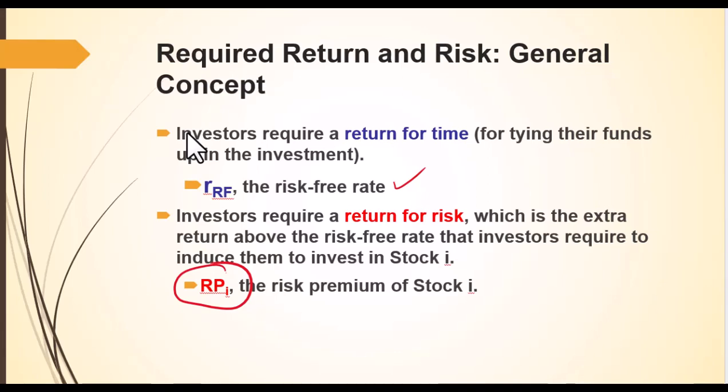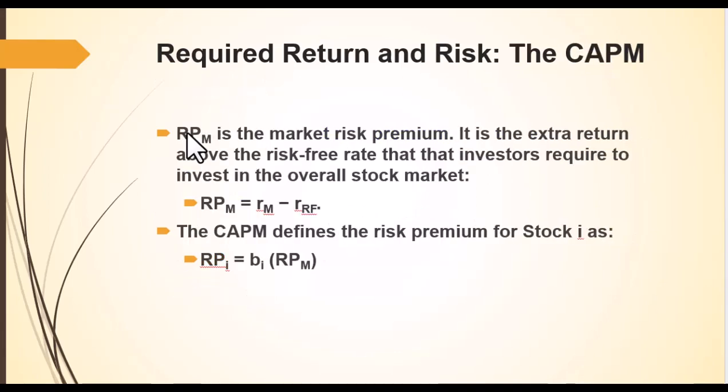Of course, certain stocks are going to have higher risk premiums than others because those stocks themselves are riskier. So the risk premium is the market risk premium. This is the extra return above the risk-free rate for just investing in the stock market. If you could only buy two things, the S&P 500 or a United States Treasury bond, how much more money do you earn if you buy the stock index rather than the risk-free rate?